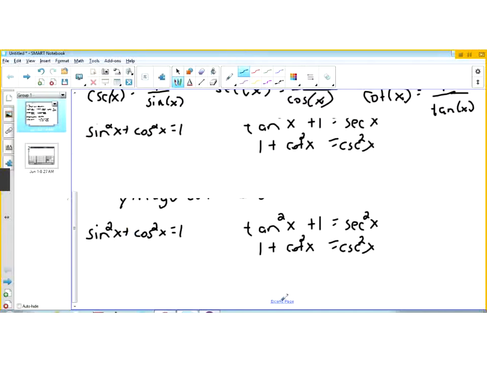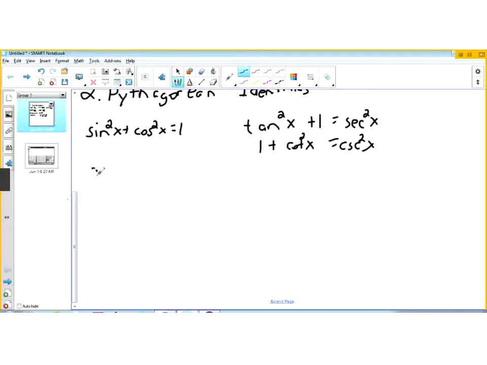Then we have even-odd identities. And for instance, we know that the sine of negative x is equal to minus sine of x. And we showed that when we graphed the sine function last class, or in Chapter 2, the odd property of the sine function.